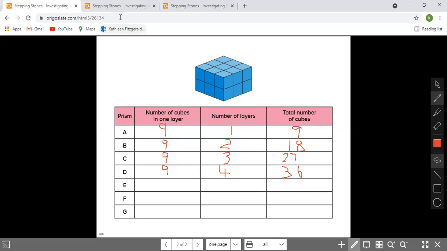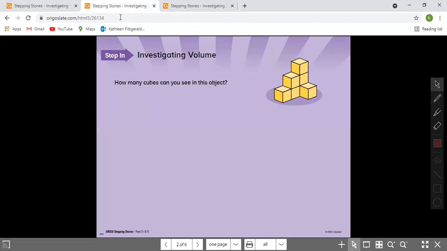Okay, let's have a look at our step in. Here's another irregular base, not a prism. Okay, we've got 1, 2, 3 in the bottom that we can see, but we would probably have another one underneath here because those 2 blocks there must be sitting on top of another block.